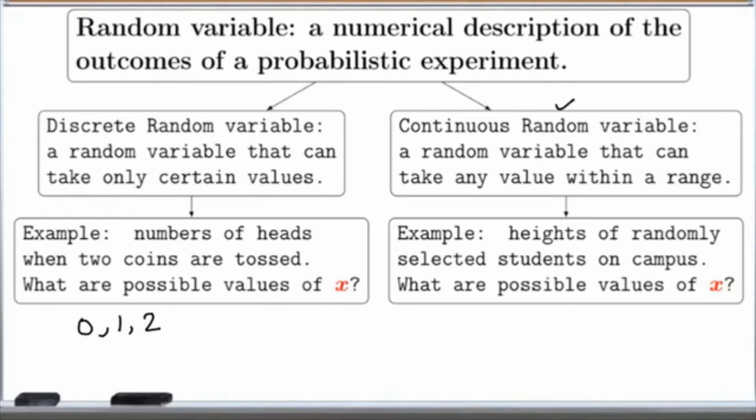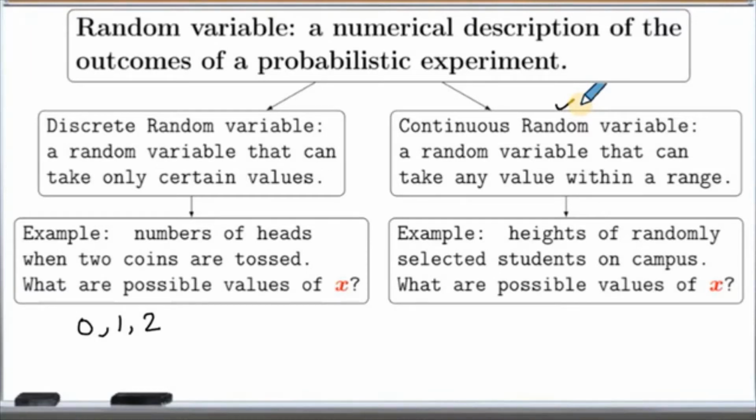Now, let's define continuous random variable. A random variable that can assume an uncountable number of values is a continuous random variable. For example, let x be the heights of randomly selected students on campus. Here, we can have a range of values. It can go from 60 inches for the shortest student to 70 inches for the tallest student.